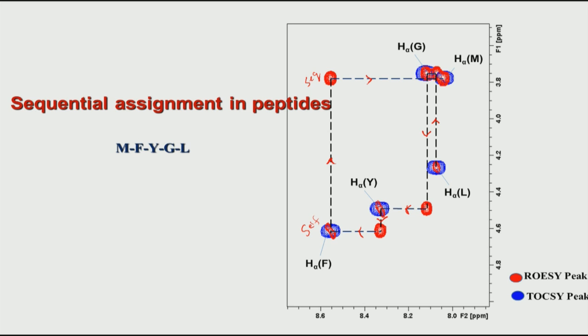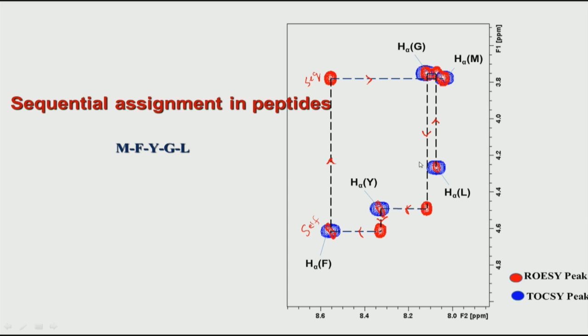This is done systematically by taking tripeptides GXG, where X is the amino acid we are interested in, and these values are actually stored in databases. There are several databases where you can find the random coil values of each amino acid.